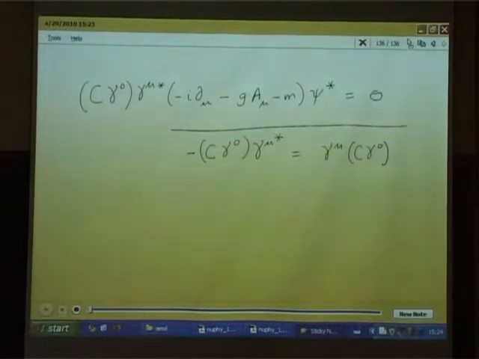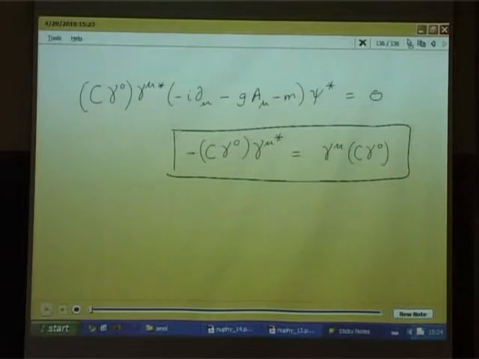So I choose my C times gamma 0 carefully such that it is satisfied. I made an assumption that such a thing exists. But what happens if it exists? If it exists, let's see what happens to this equation. Then I get C gamma 0 times gamma mu star, with the minus sign, so I get gamma mu times C gamma 0. And all these minus signs are taken up.